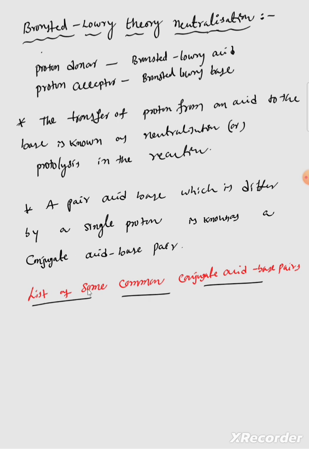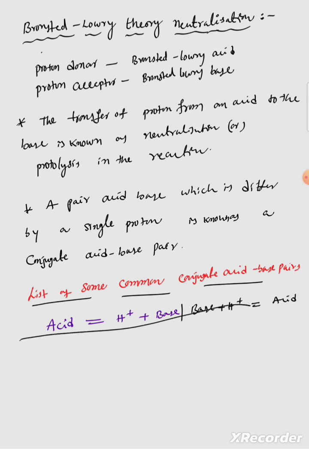How can we find them? Suppose an acid produces a proton, an H plus ion, and it becomes the conjugate base. And a base means a species which can accept a proton to become a conjugate acid.